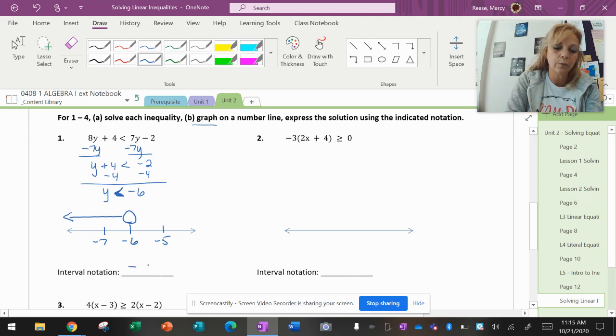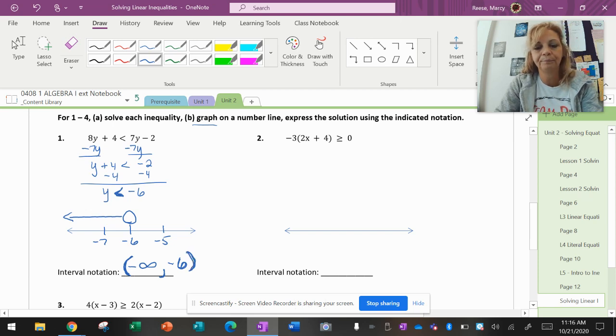We go left to right when we read it. Negative infinity is always the smallest number, and we always wrap infinities with parentheses. Then what's the number it stops at? It stops at negative 6, and because it doesn't include negative 6, we use a parenthesis. If it included it, it would be a bracket. So that's your first one.